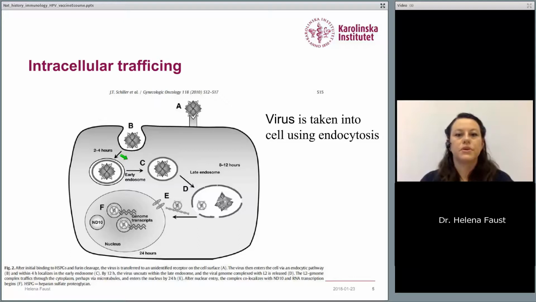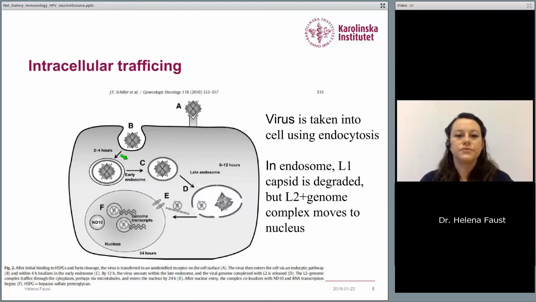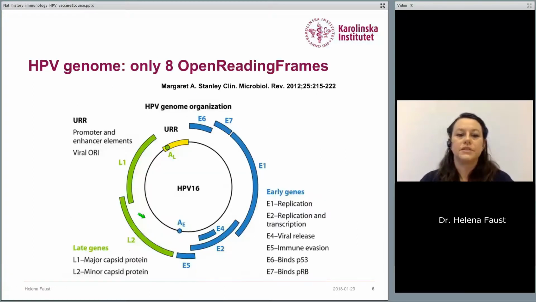The process is called endocytosis. In late endosomes, the L1 capsid is degraded, but L2 bound with the genome complex moves to the nucleus, and there transcription of some HPV genes and replication start.